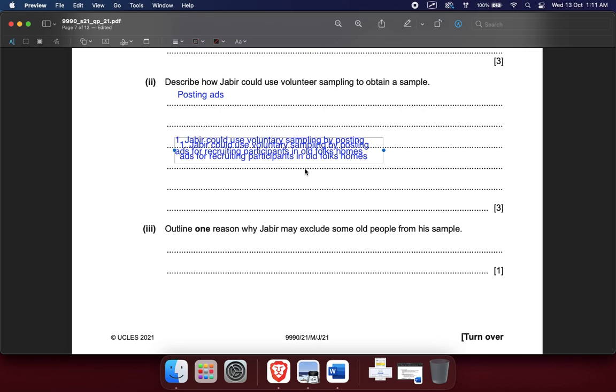Right, so 1 mark there. Placing ads in old folks' homes are more likely to be seen by the target sample. What's the third thing that I can add?